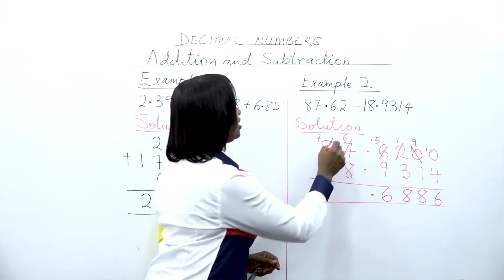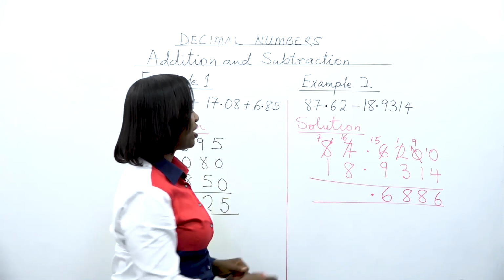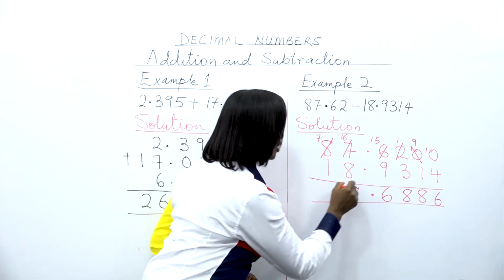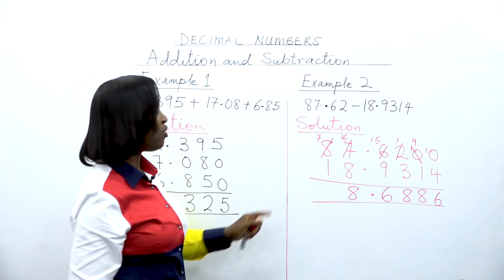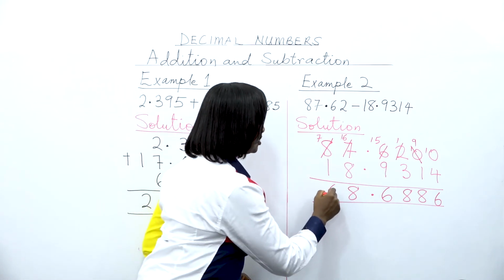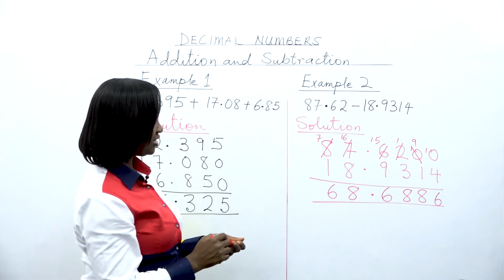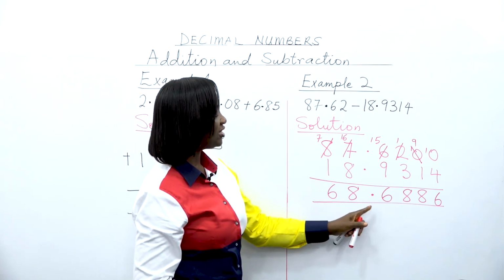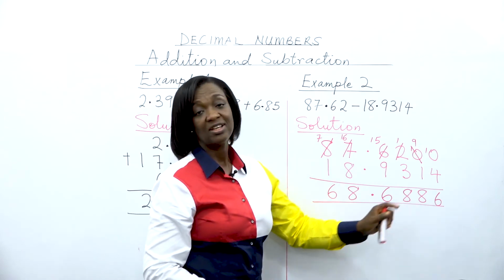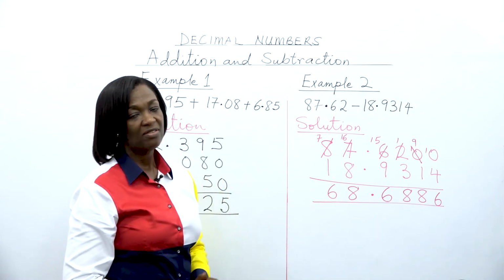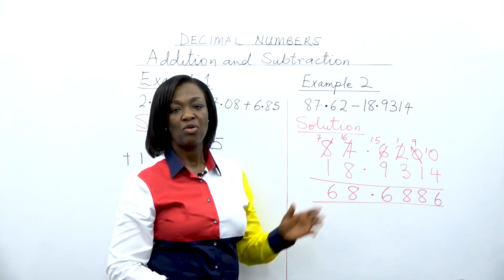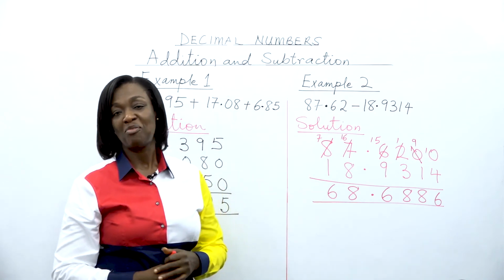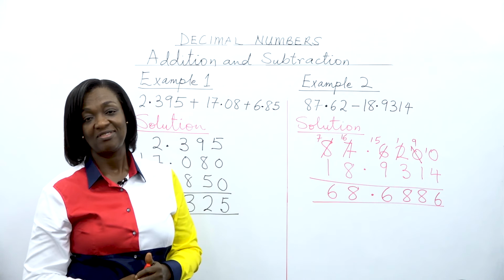It becomes 16. 16 take away 8 is 8, and 7 take away 1 is 6. So the answer, the difference between the two numbers is 68.6886. Very easy concept. Work some more examples from Brilliant Maths Module 2.